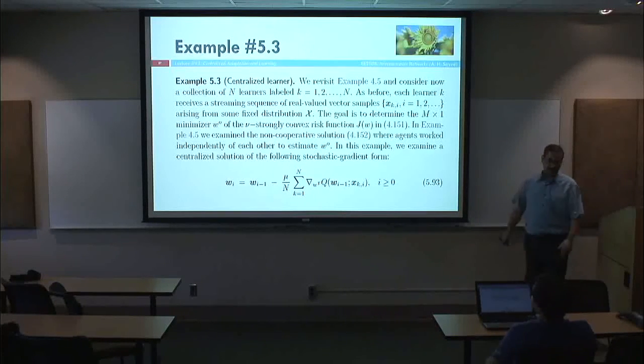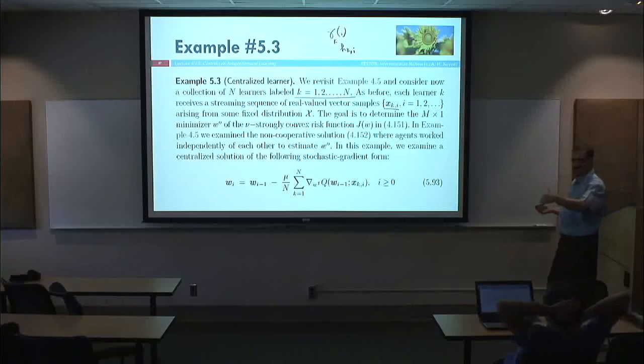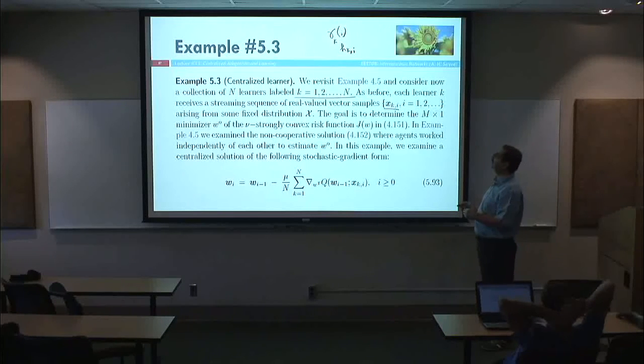This is another example. This is a simple example. Let's assume that I have a collection of n learners, okay? N learning machines. And each one of them is seeing data x, meaning, for example, seeing labels gamma_k,i and feature vectors h_k,i. The gammas are class labels, plus or minus 1, and the h_k's are feature vectors.